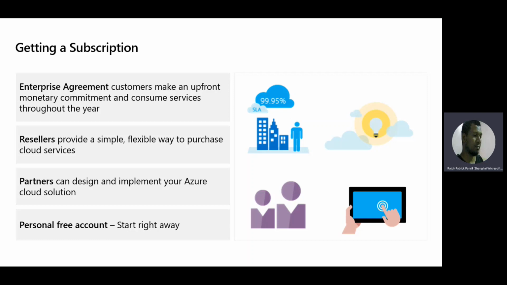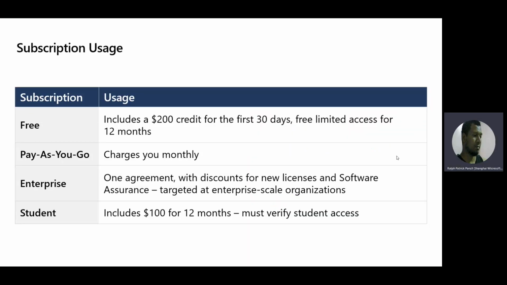And in terms of subscription usage, Azure offers free and paid subscription options, right? So you have the free, you have pay as you go, you have enterprise agreement, and you have student, right? For free, you will have a 200 credit for 30 days.